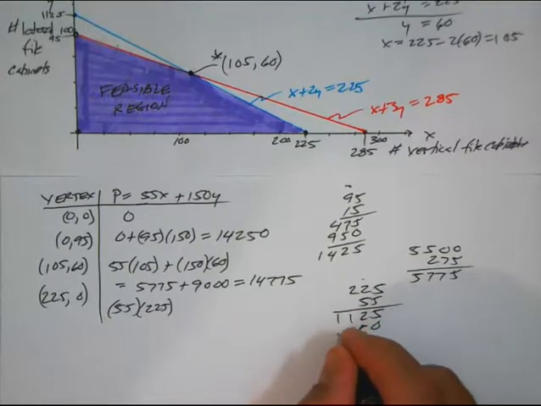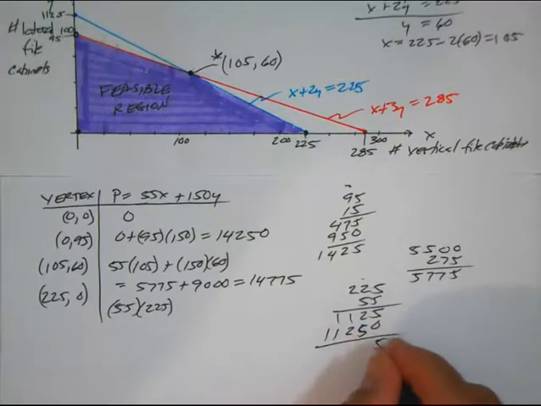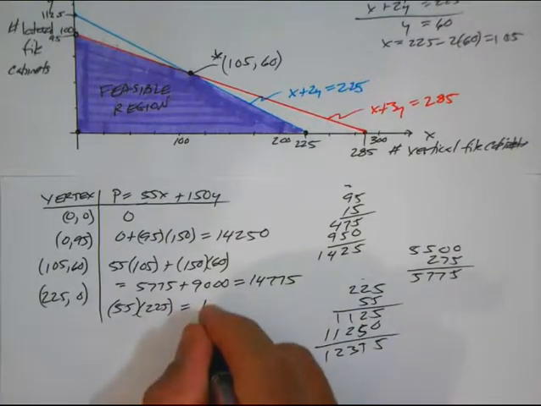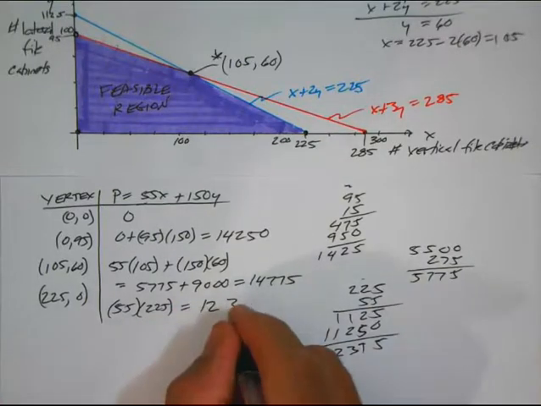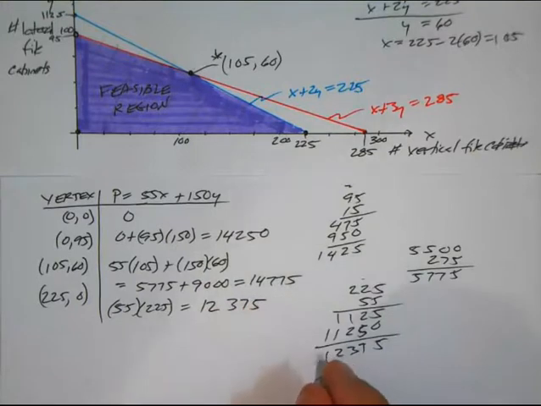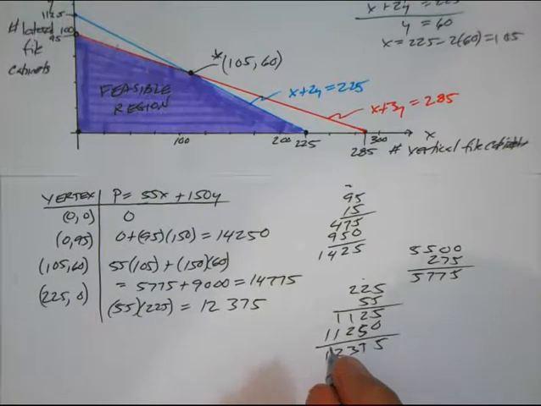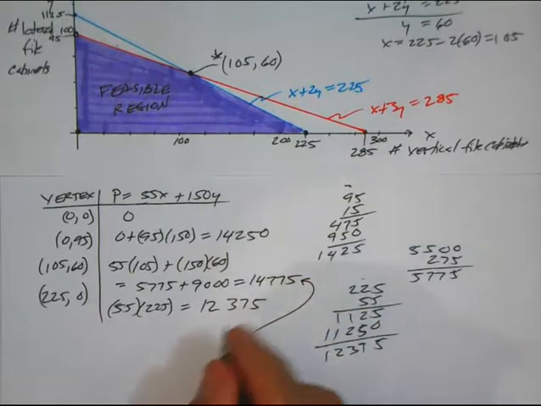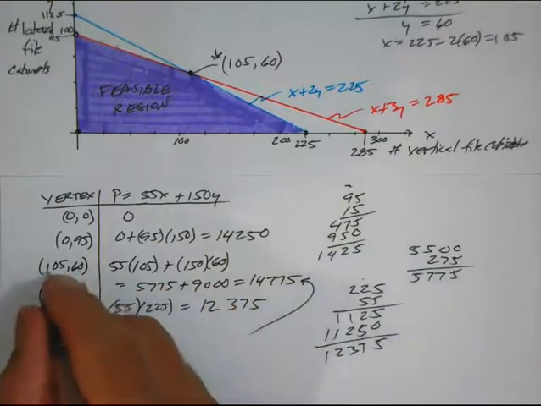So this equals 12,375. Okay, we're trying for maximum profit. It looks like right here. Okay, it came from the vertex 105, 60.